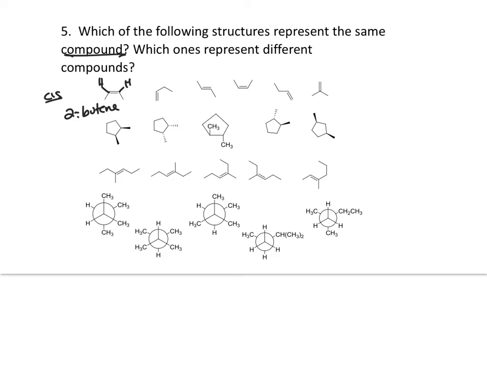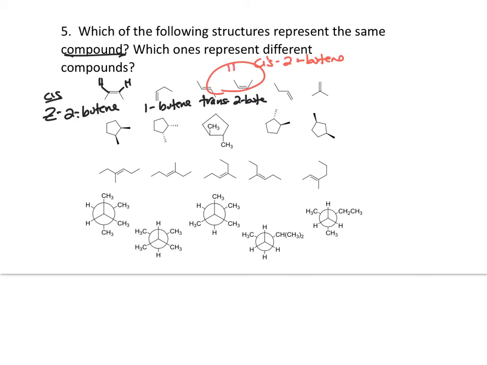So you can write cis, or you can do Z, which means cis. This one here is 1-butene, and it does not have cis or trans. This compound here would be trans 2-butene. This compound here would be cis 2-butene.